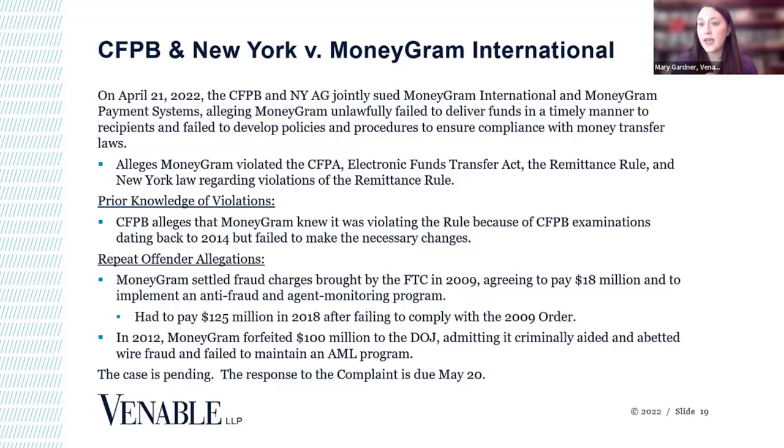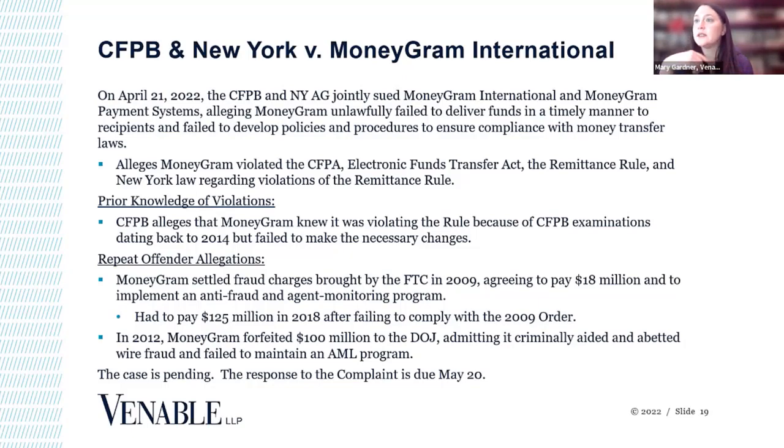And in this case, the complaint highlights that MoneyGram violated that rule by failing to include an accurate date of delivery in its disclosures. And they also alleged that MoneyGram failed to follow pertinent error resolution provisions of the rule relating to mistakes that happened during the transfer process. Now, MoneyGram, this is not its first rodeo with federal enforcement authorities.